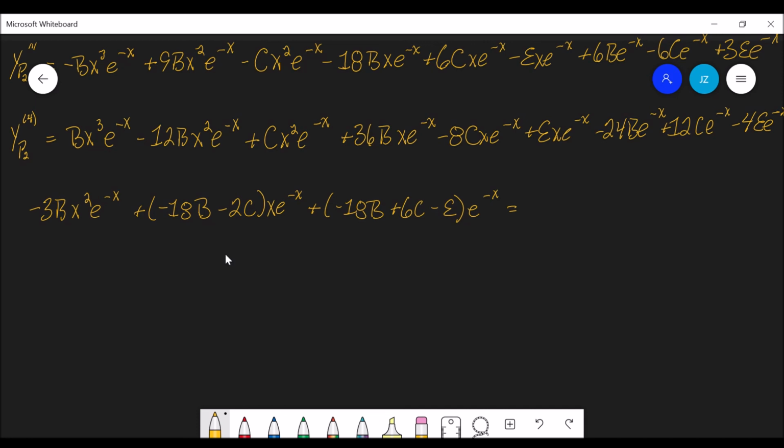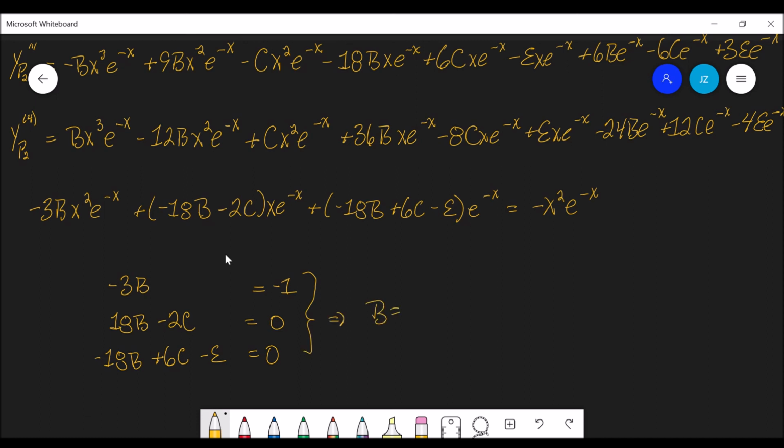And then, of course, that has to equal negative x squared e to the negative x. This will give us the system: negative 3b is equal to 0, 18b minus 2c is equal to 0, and negative 18b plus 6c minus e is equal to 0. I'm sorry, this negative 3b should be equal to minus 1. This will give us the solution: b is equal to a third, c is equal to 3, and e is equal to 12.